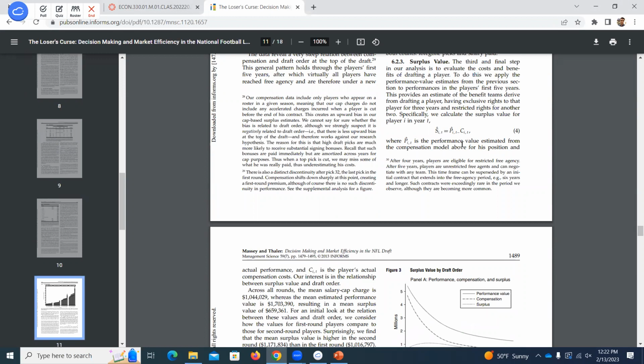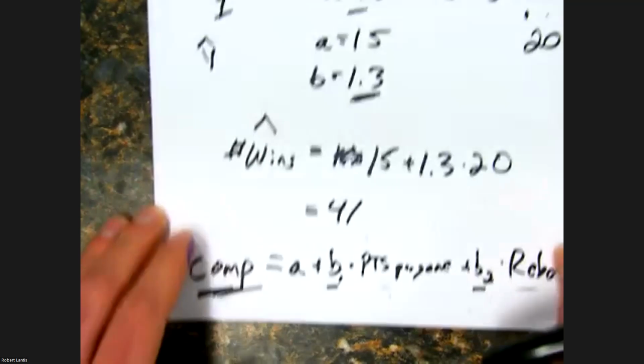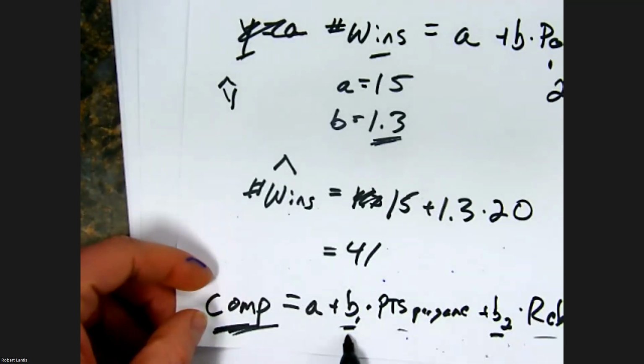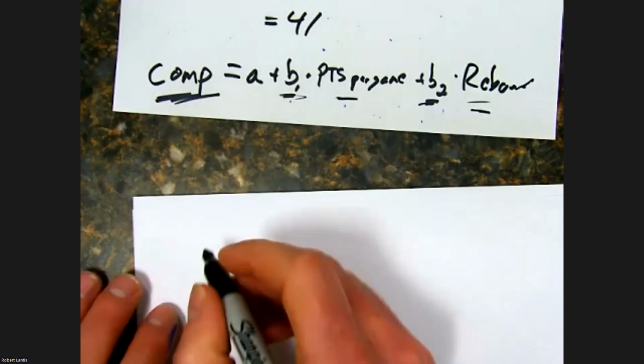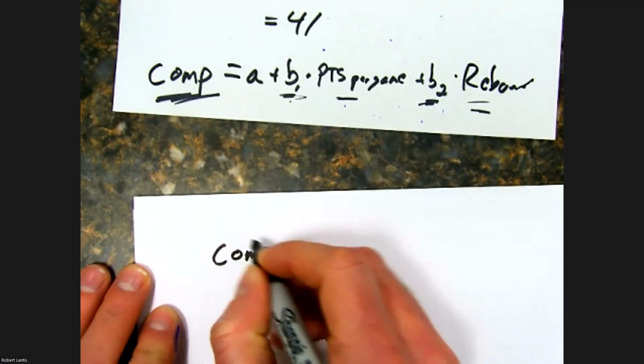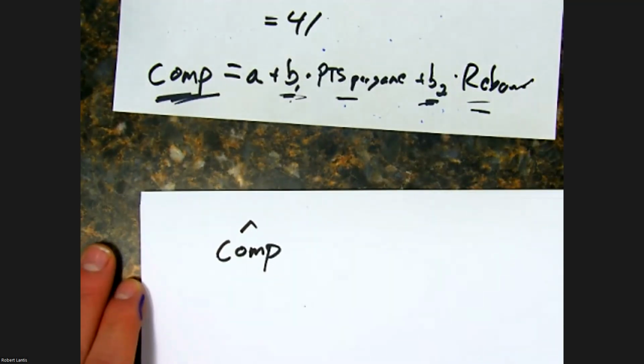So once I know what that player's predicted compensation should be, we're going to define the surplus as whatever that expected salary was, or expected performance value, minus the actual compensation C. What they're going to do is run this regression, use these coefficients to, for every player, use that player's statistics and come up with a predicted compensation amount.